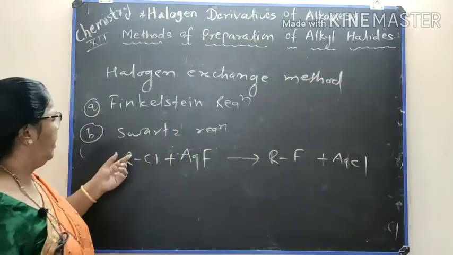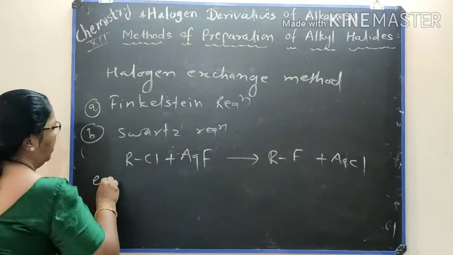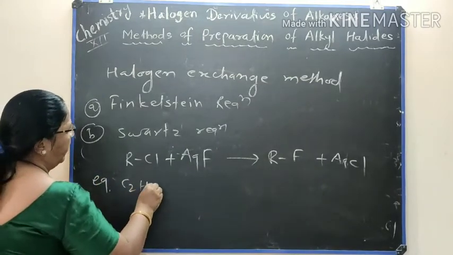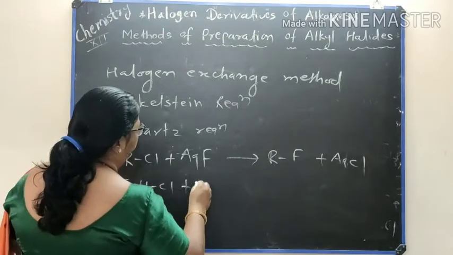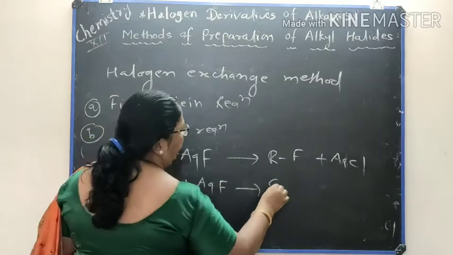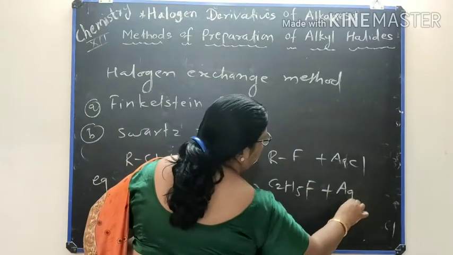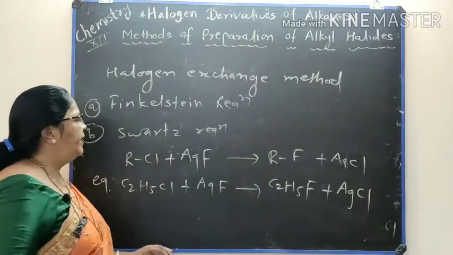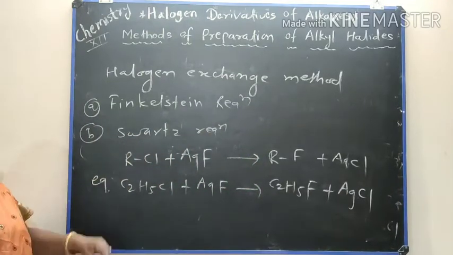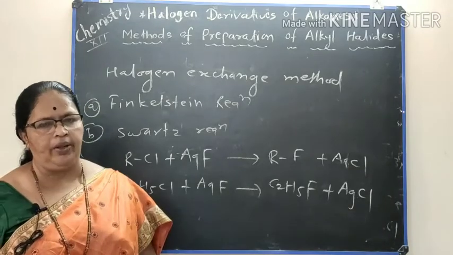For example, C2H5Cl is treated with silver fluoride, it gives ethyl fluoride, C2H5F, plus silver chloride, and this reaction is called the Schwarz reaction.